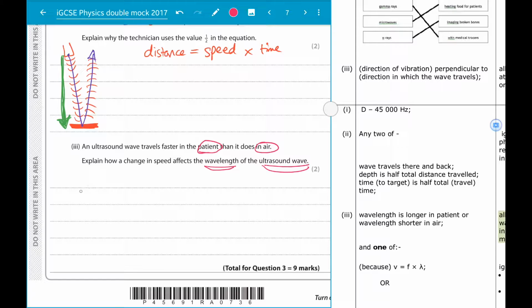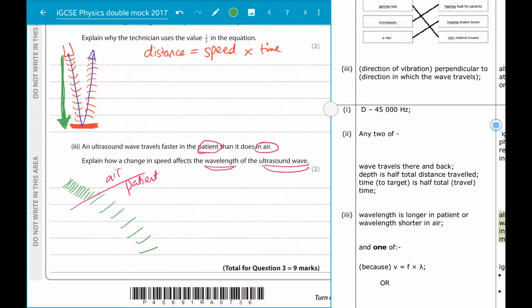Imagine this is a boundary, you've got air here and you've got patient here. You end up with the waves going at one speed in the air and another speed in the patient. Let's say in the air the waves are moving along quite slowly, and in the patient they speed up and move a lot faster.